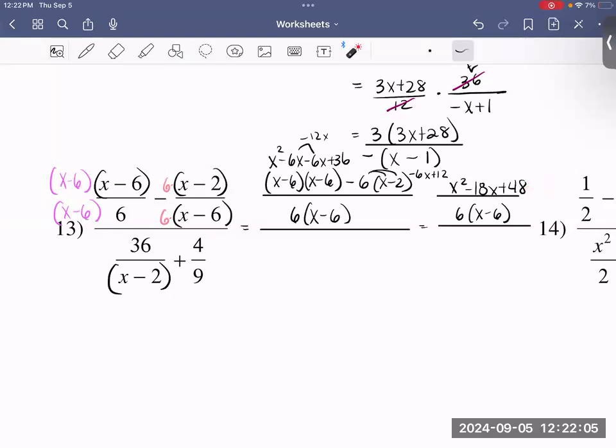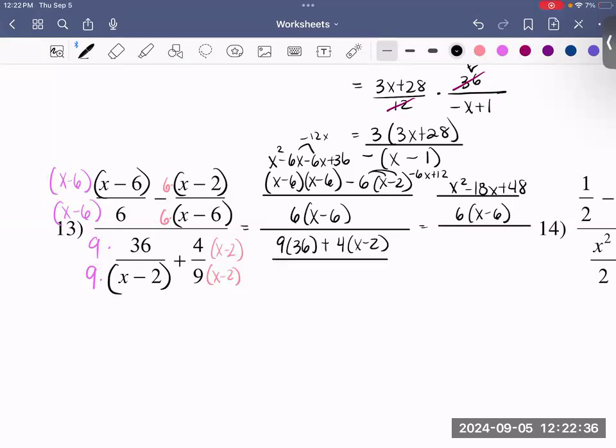Now let's take a look at the denominator. In your denominator, this side is missing a 9, and the other side here, excuse me, is missing the x minus 2. So on this side, we should have 9 times 36 plus 4 x minus 2 all over 9 x minus 2. There we go.